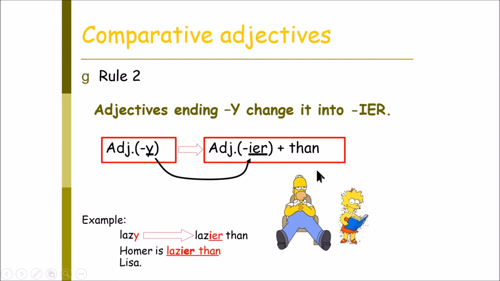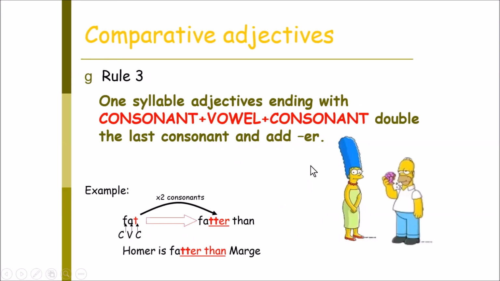So rule number three. When you have a one-syllable adjective ending in this pattern, consonant plus vowel plus consonant, you have to double the last consonant and add er at the end of the adjective, after the new consonant that you add. So for example, we have here the adjective fat.